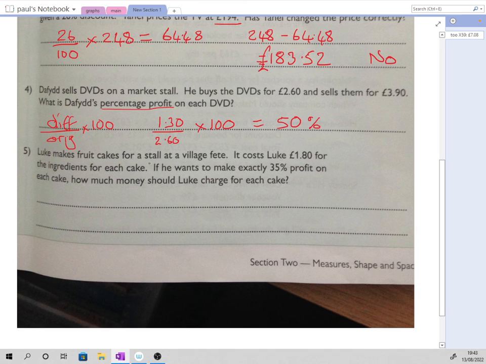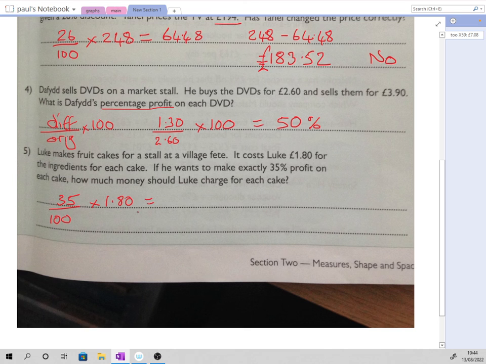Luke makes fruitcakes for a stall at a village fair. It costs Luke £1.80 for the ingredients. If he wants to make exactly 35% profit on each cake, how much money should he charge for each cake? So we've got to take £1.80, find out what 35% of that is, add it on, and that's how much he should charge. So 35 over 100, because it's 35% times £1.80.